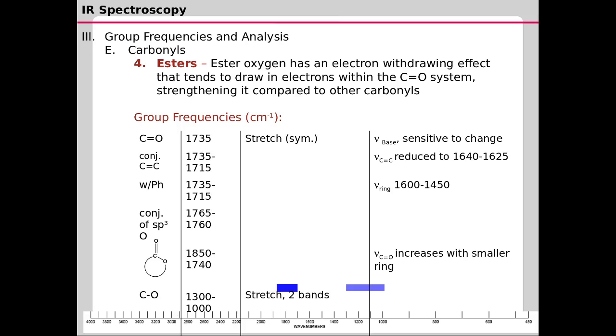And as for cyclic esters such as lactones, here the vibrational frequency of the carbonyl functional group comes in a range of 1740 to 1850 cm⁻¹, and this vibrational frequency can further be enhanced by a reduction in the ring size of the cyclic ring system here. And the stretching vibrational frequency of the carbonyl carbon and the sp3 hybridized oxygen usually falls in a range of 1000 to 1300 cm⁻¹.